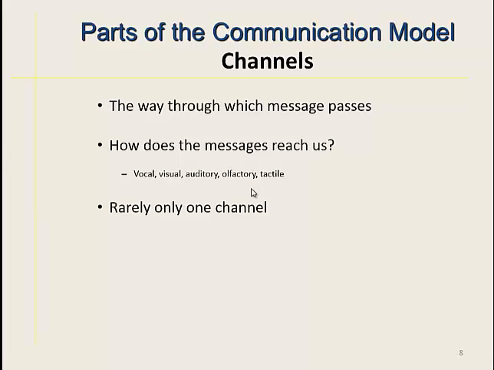Usually it's voice and body, voice and intonation, voice and arms. In this situation, it's my voice and it's the computer screen. So rarely does a message get across with only one channel. And I would say the more channels you can use to send your message, the more effective your message will be and more likely it will be understood.